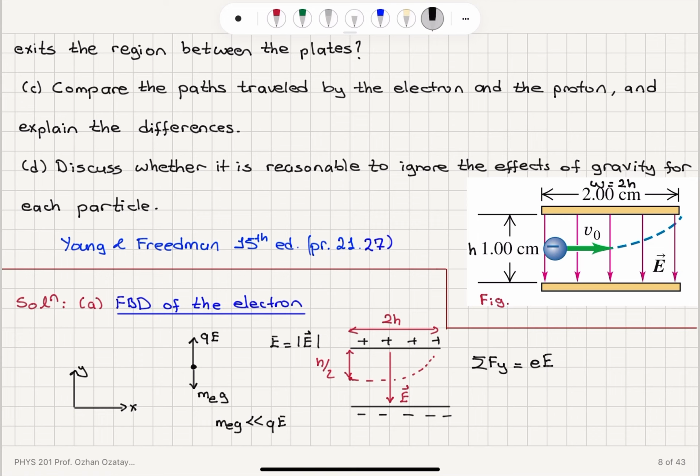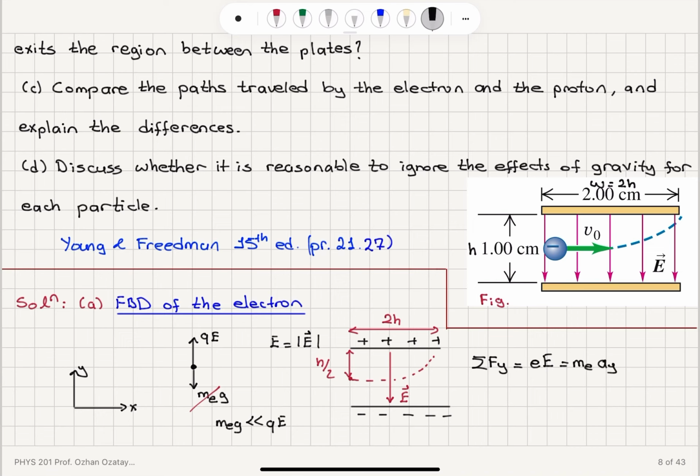So we can neglect this force in this diagram. So this is going to be responsible for the mass of the electron times its acceleration on the y-axis, a_y. So we can see that the acceleration on the y-axis is the charge of the electron, times the electric field, divided by the mass of the electron.